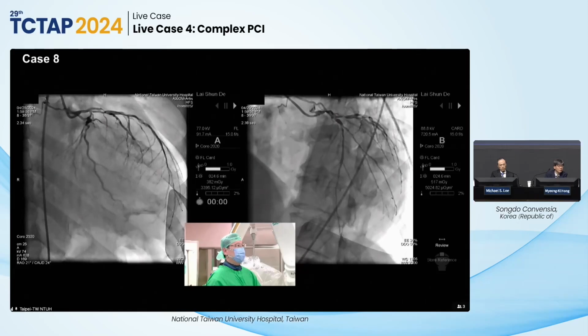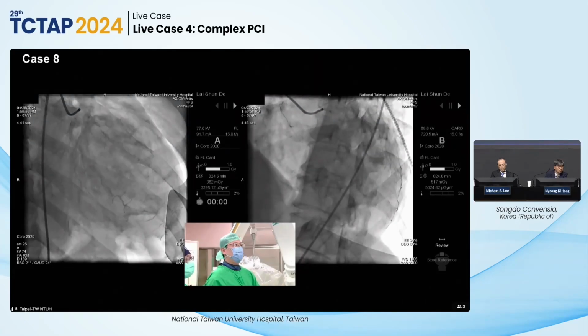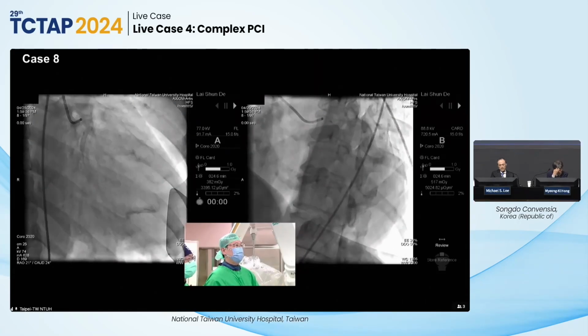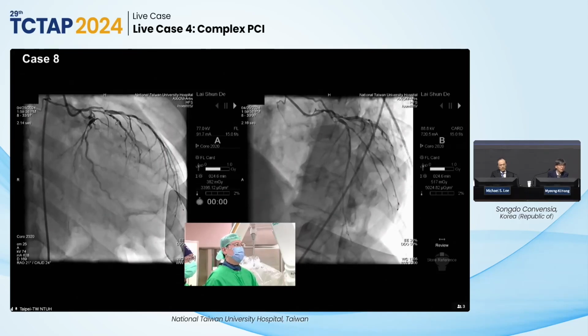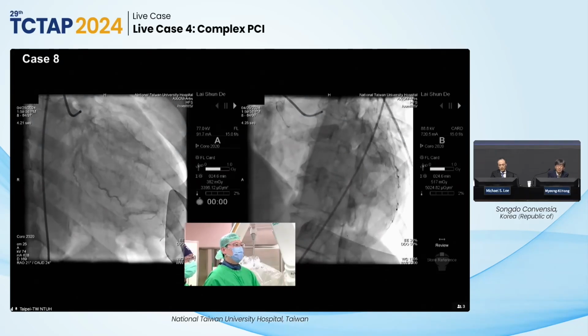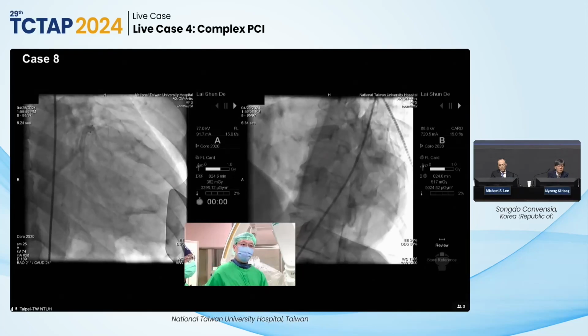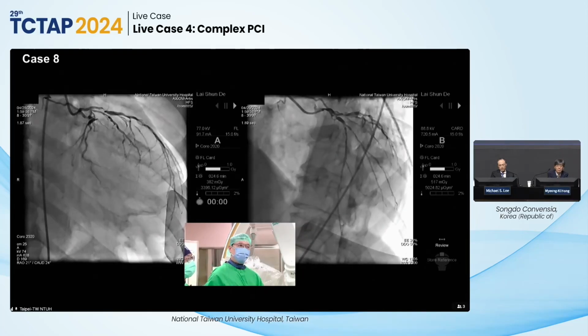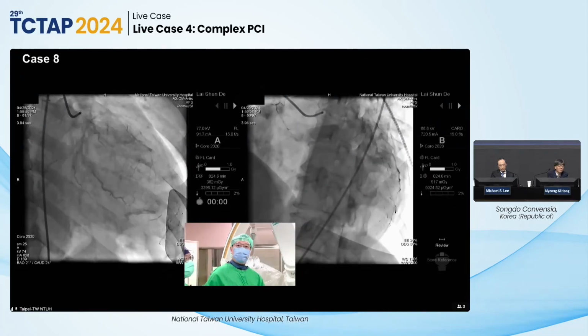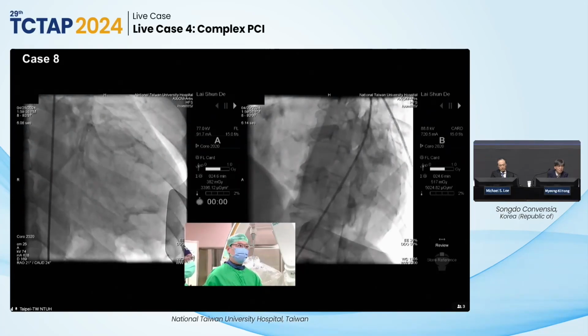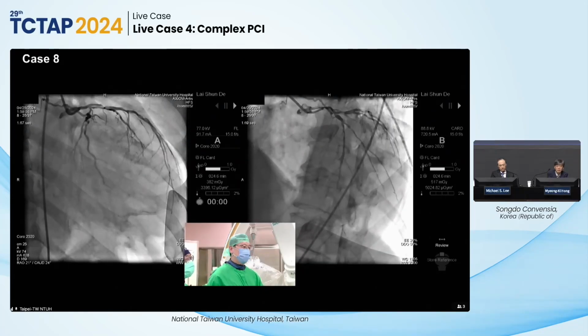With the tortuous circumflex and also disease in the LAD ostium proximally and the mid portion. So this time we are seeing not only ostial lesion, but also involvement a little bit deeper, from the mid portion of the LAD and the distal circumflex.